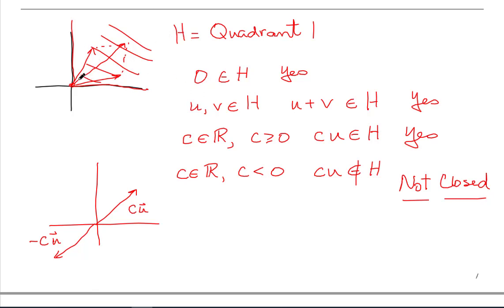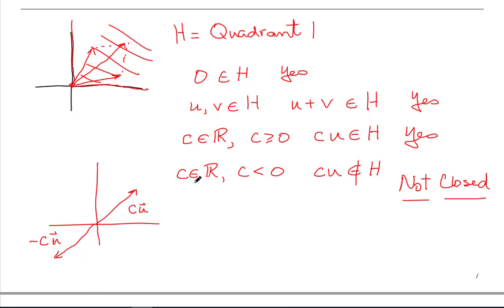Well, let's see. 0's in there. Yes. If I take two vectors and I add them together, is that still in there? Yes. If I multiply by any positive scalar or even 0, that will still be in quadrant 1.